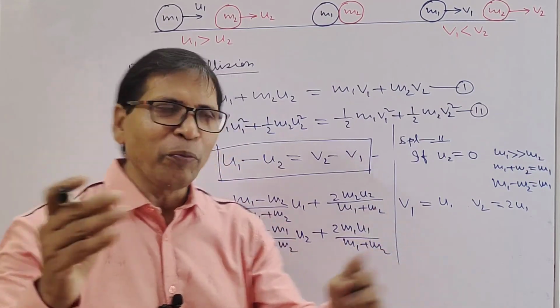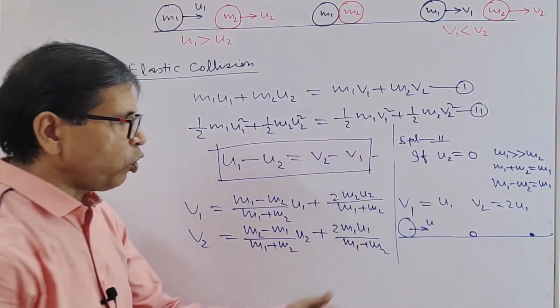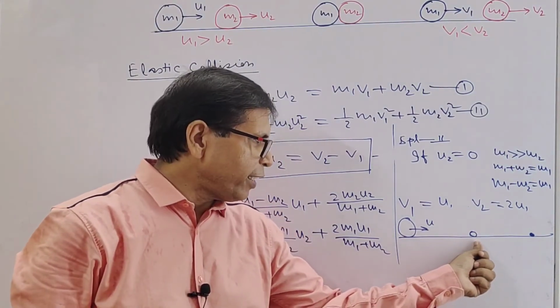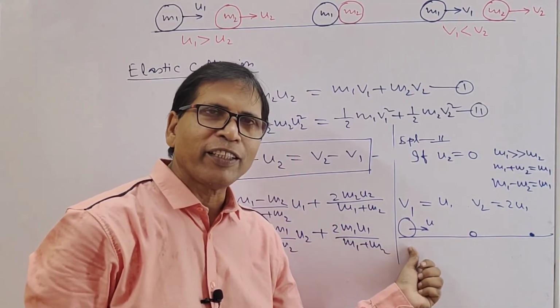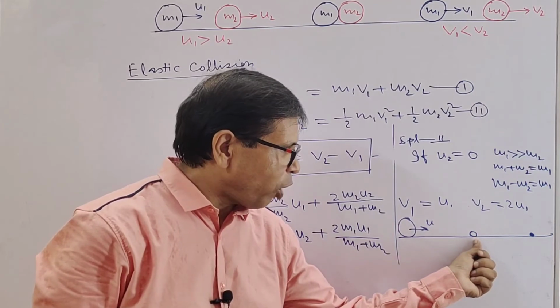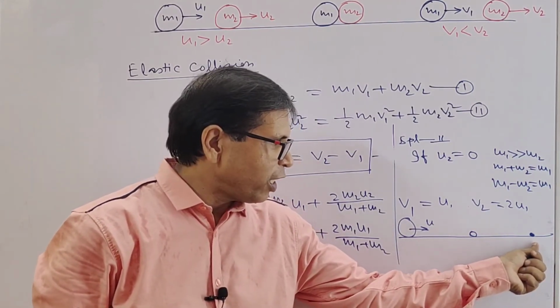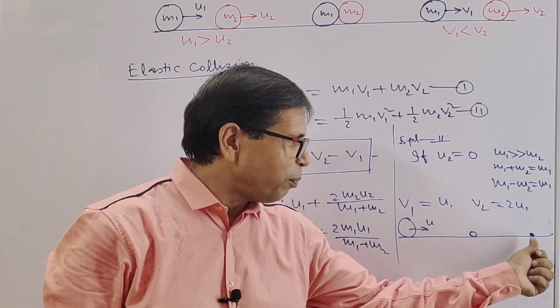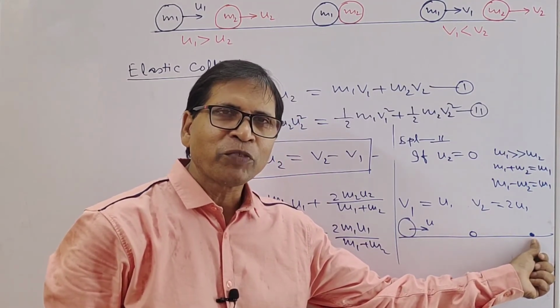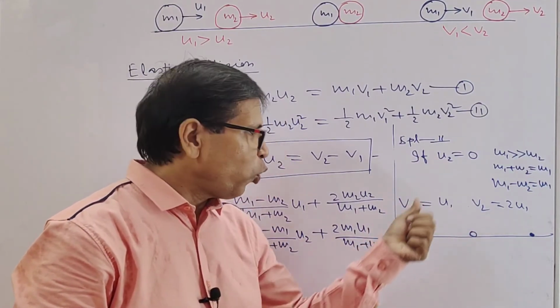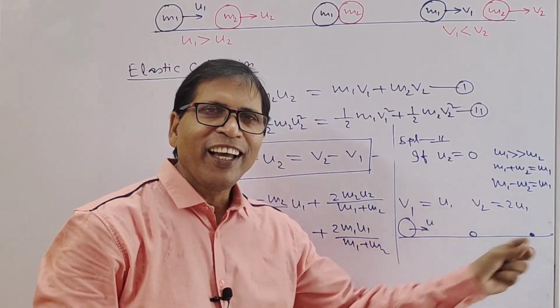Now a numerical. A body with velocity u collides with a second body whose mass is negligible in comparison to it, and finally this body collides with another body whose mass is negligible in comparison. What is the velocity of this last particle? And second question, if the middle body is not present, what is the velocity of this particle?